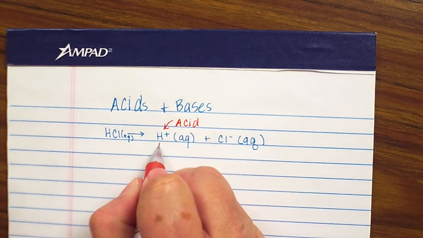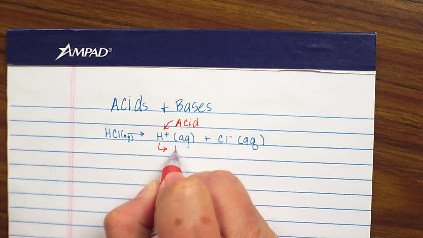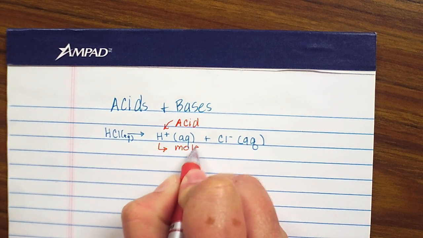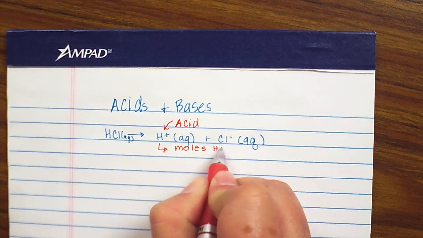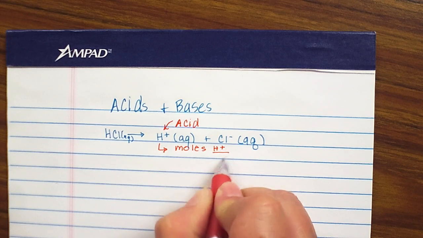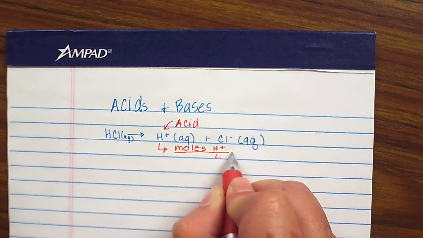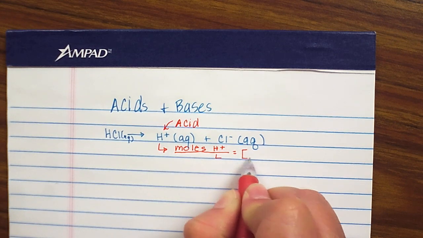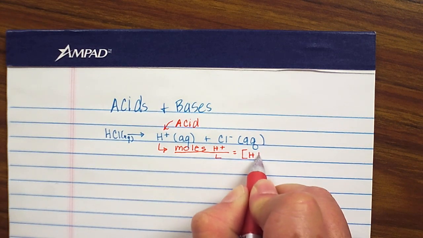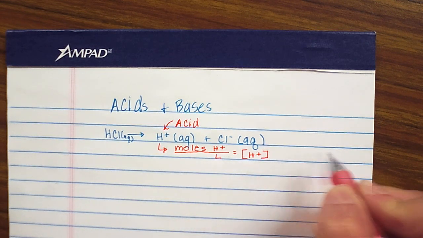So the hydrogens are going to dissociate into moles of H plus per liter of solution, right? And so that is going to give what we call the concentration of H plus.